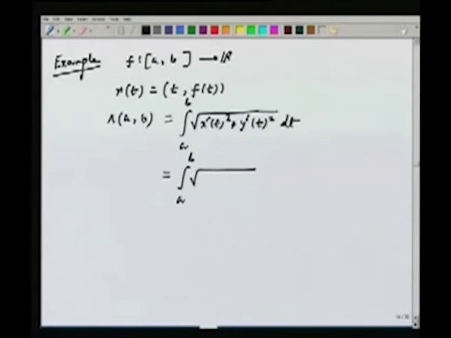Because x(t) is t, that means x prime t is 1, so it is 1 plus, y(t) is f(t), so y prime t is f prime t square, dt. So when the curve is given in the form of a graph, then the length of the curve turns out to be the integral from a to b of the square root of 1 plus f prime t whole square dt.